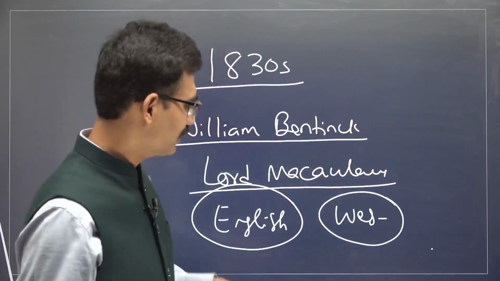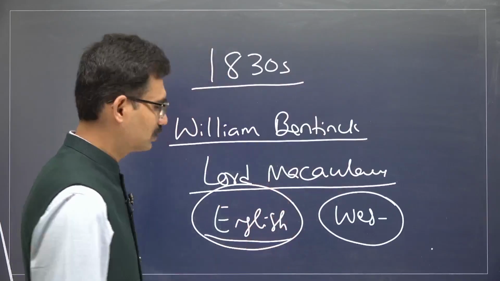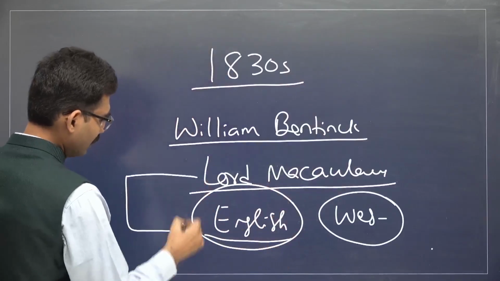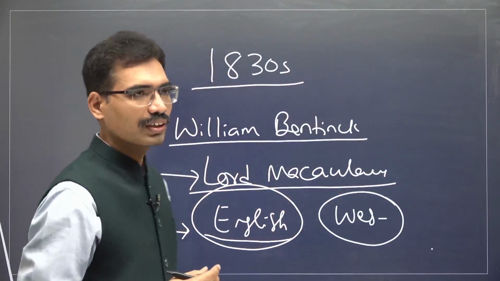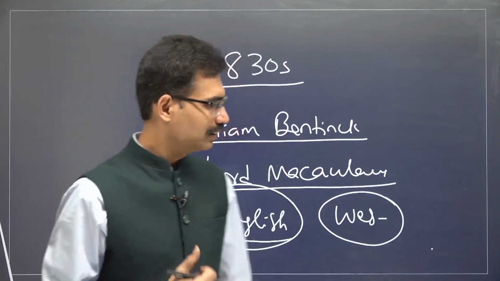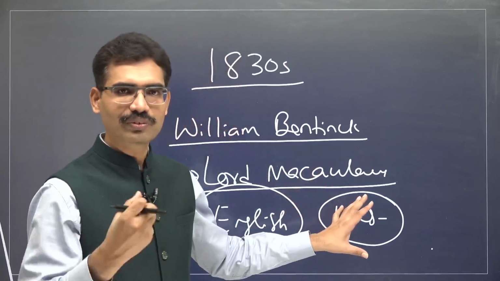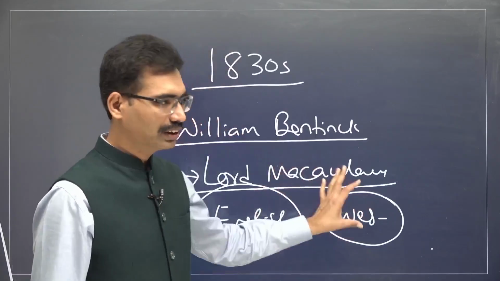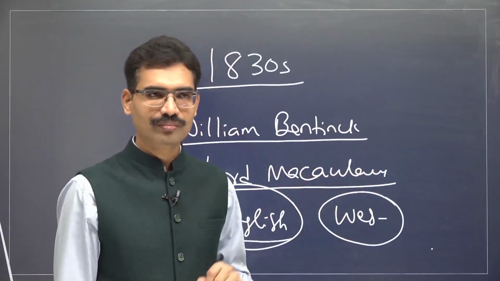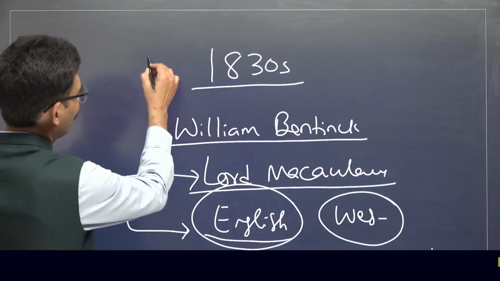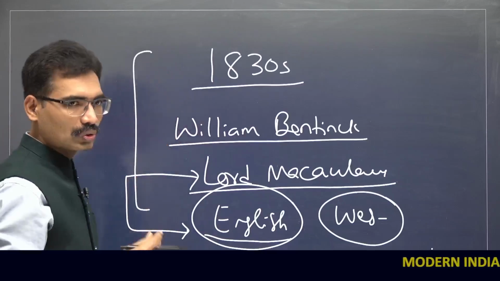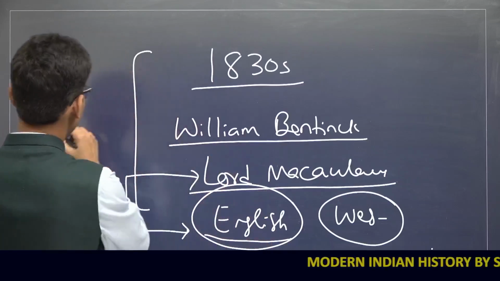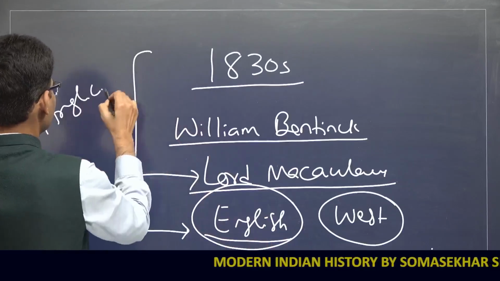Now that is very clear. He wanted to promote English education. That is why Lord Macaulay is also called the father of English education. He decided that funds will be given to education, but Western education, English education. So in this way, Orientalists could not become successful. Anglicists became successful.